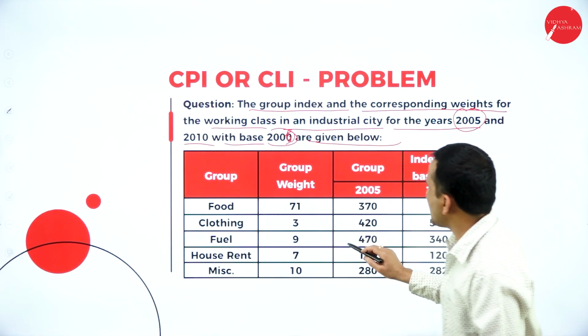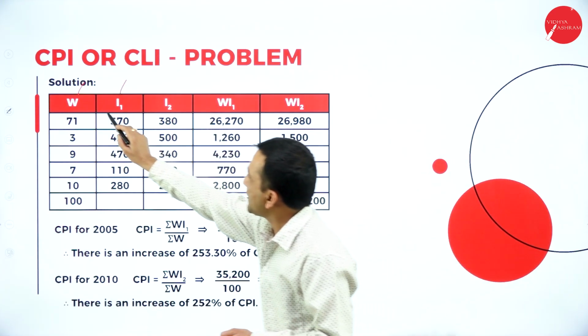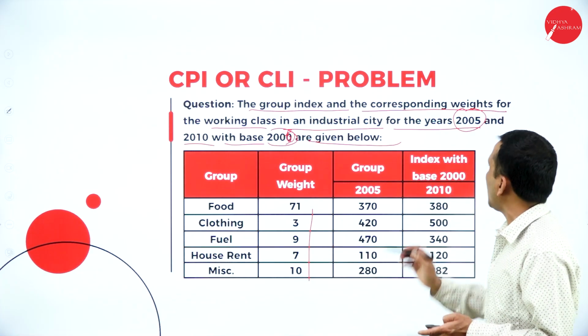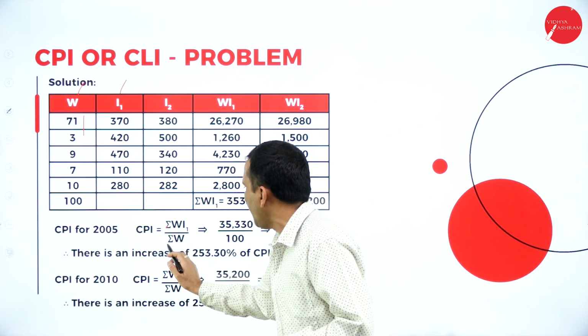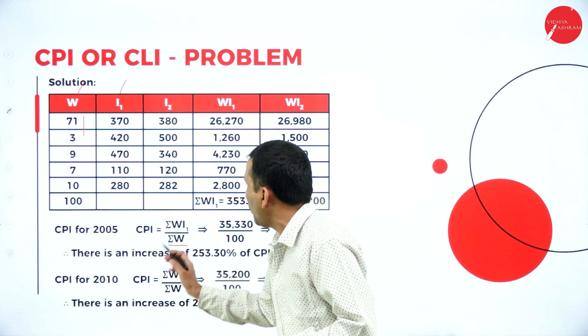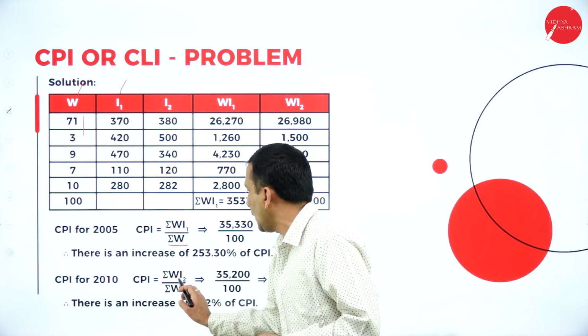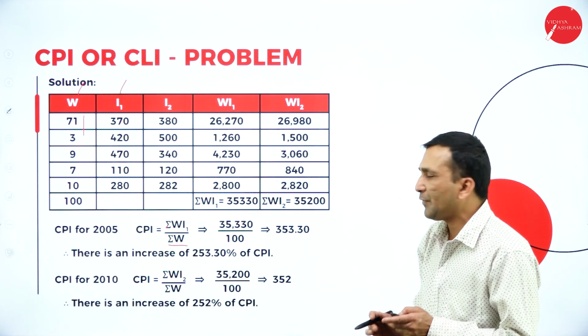There are two indexes, the first index and the second index. See the weight, whatever it is given, I have written it because according to the formula, we know the formula sigma W I1 divided by sigma W. There are two indexes given, so there are two groups identified. Again one more formula, a separate calculation, considering the weight for 2000.